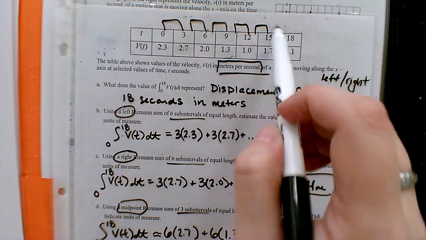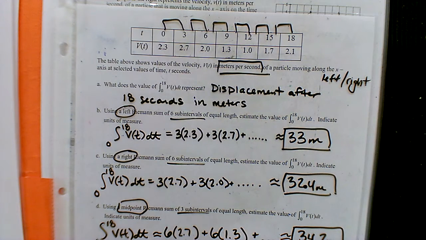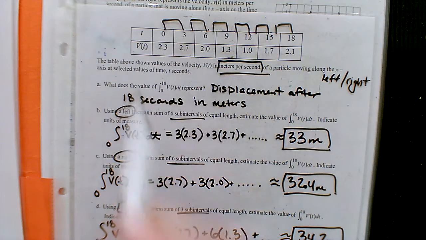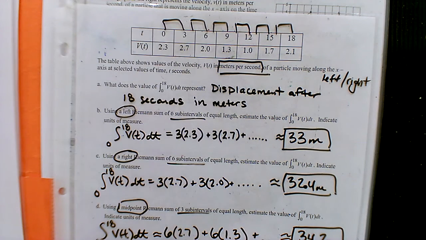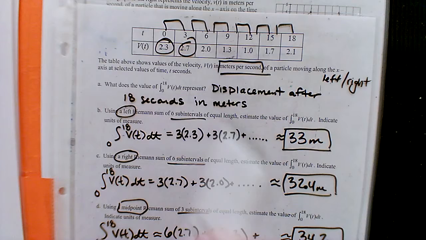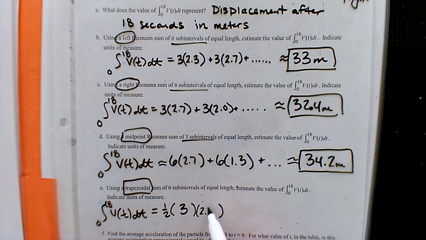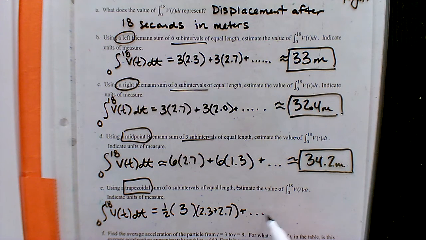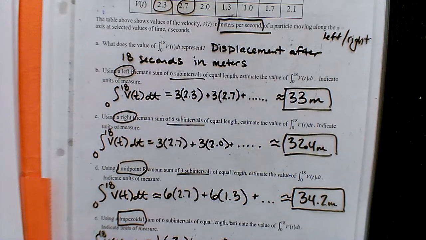My bad. All right, so our first trapezoid, from 0 to 3, the height would be 3, and then the 2 bases, that's a little bit easier to figure out then, 2.3 and 2.7. All right, and then you've got a bunch more to do since they want 6 of them. 3 would have been easier.